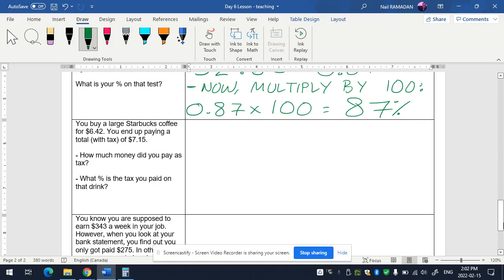But you ended up having to pay how much full? So that means what? Now you need to know how much money did you actually pay just as tax.